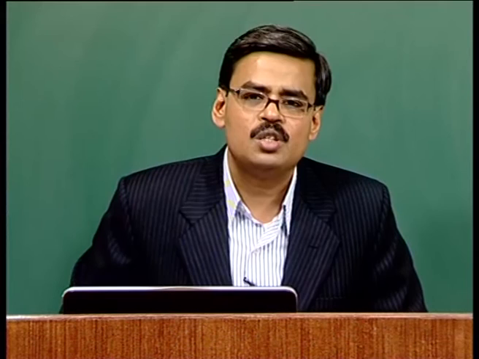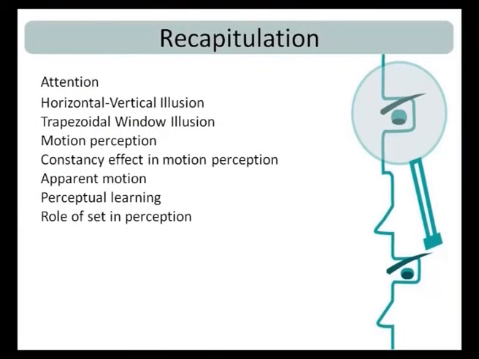So, it is not actually what you sense that is perceived; you commit errors there. But these two remarkable things, your individual differences and the contribution of the culture, are both very remarkable in this process. This is now time for us to recapitulate what we have discussed with respect to the perceptual processes.